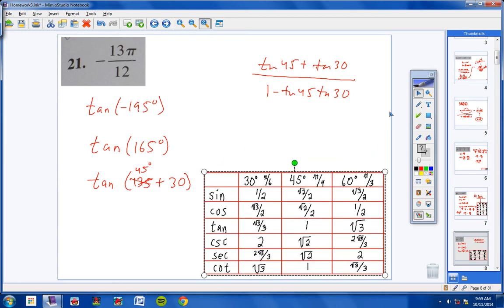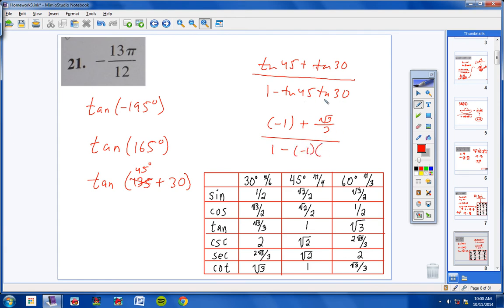And here we go. Tangent of 45 is 1, so I'm going to put a negative 1. Plus tangent of 30 would be square root of 3 over 3. All over 1 minus, now tangent of 45 would be negative 1. And then tangent of 30 would be square root of 3 over 3. Okay, there we go.